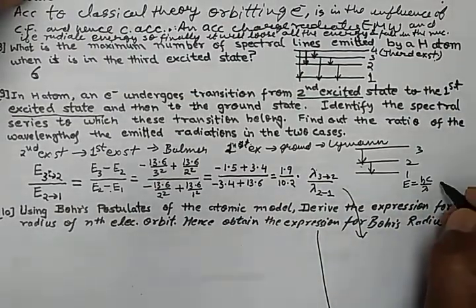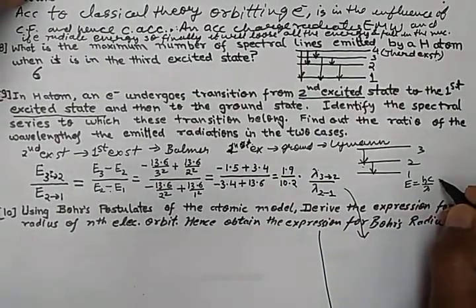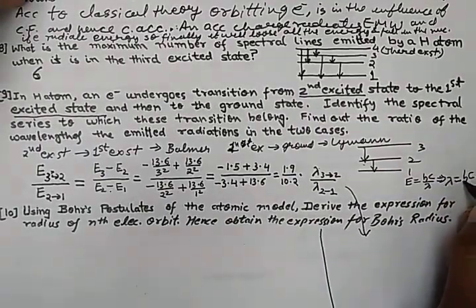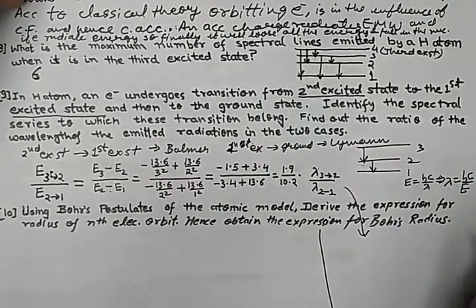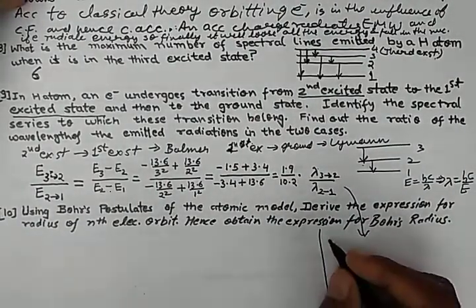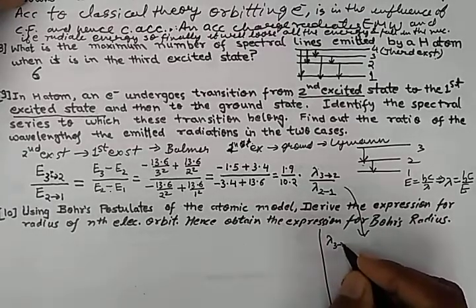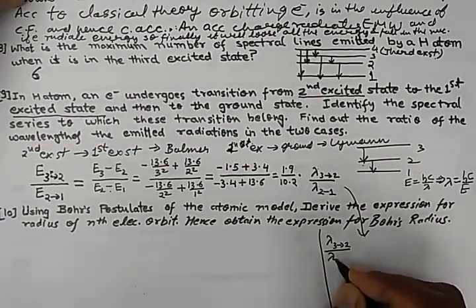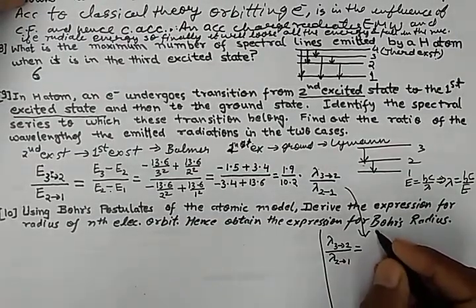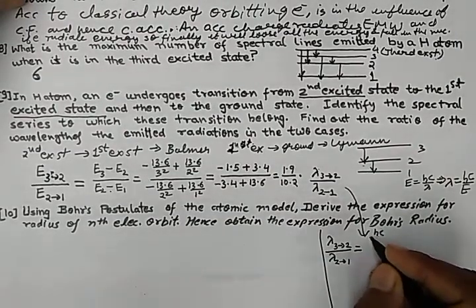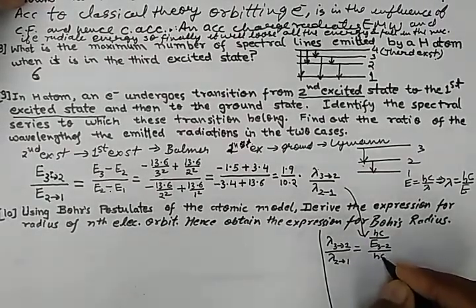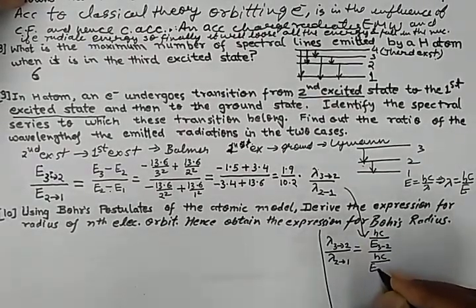So lambda will be equal to hc by E. It means lambda 3 to 2 upon lambda 2 to 1 is equal to hc by E 3 to 2 upon hc by E 2 to 1.